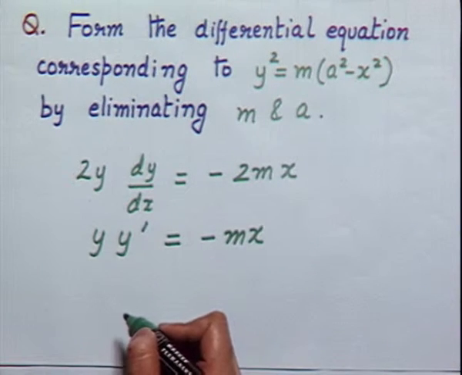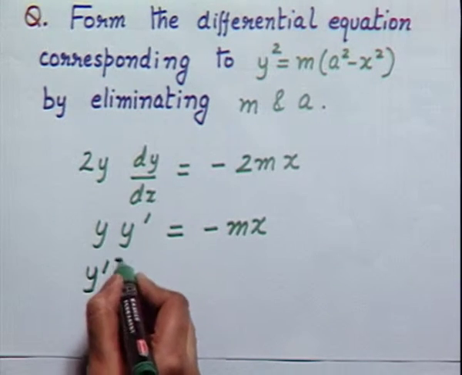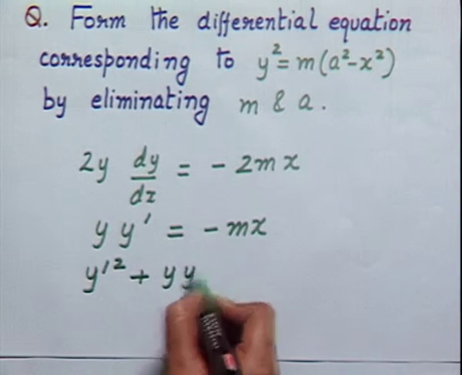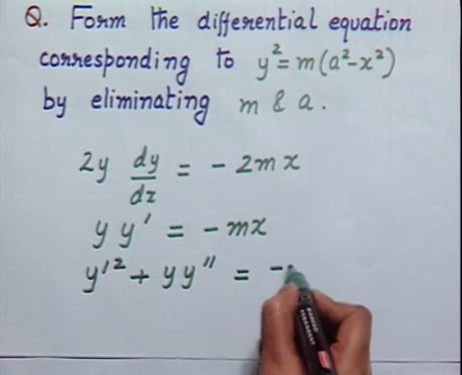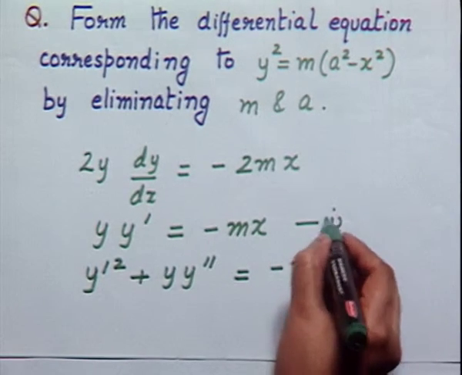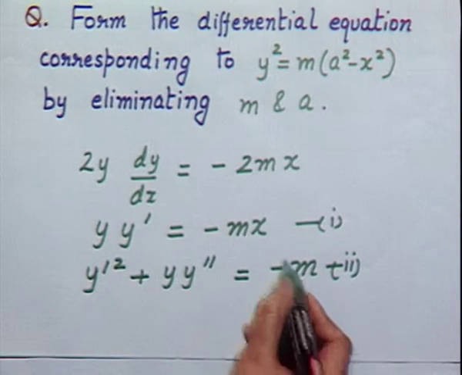Differentiating it again, you will have y dash square, by the product rule, plus y double dash is equal to minus m. These are the two equations which we have to use to eliminate the arbitrary constants, and that can be done directly.